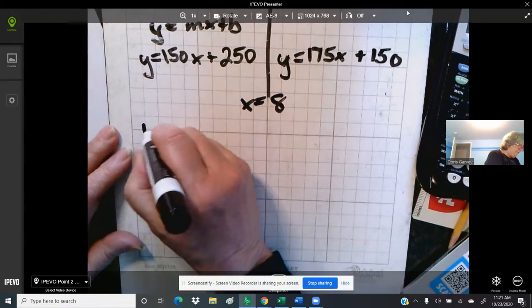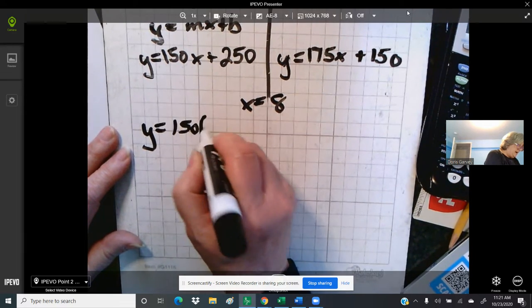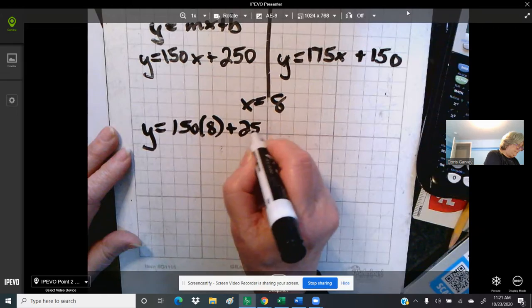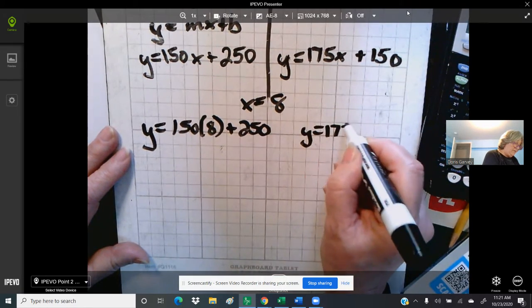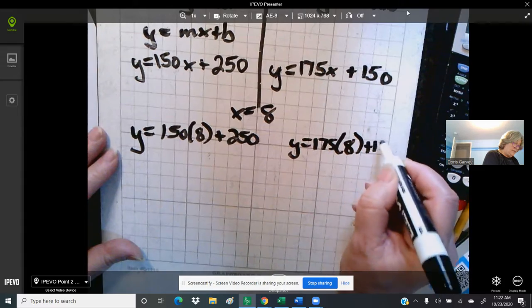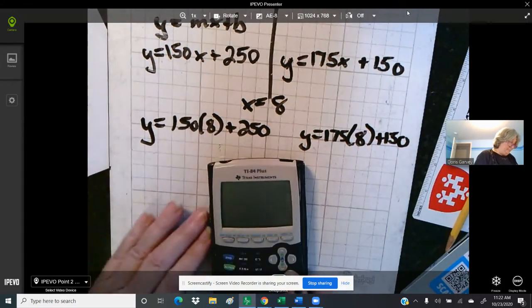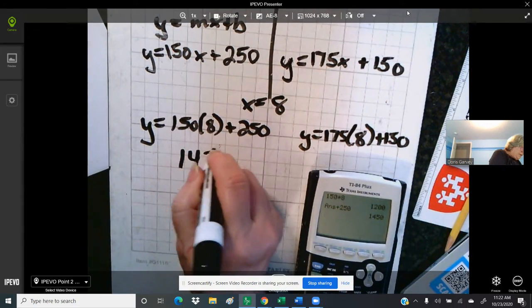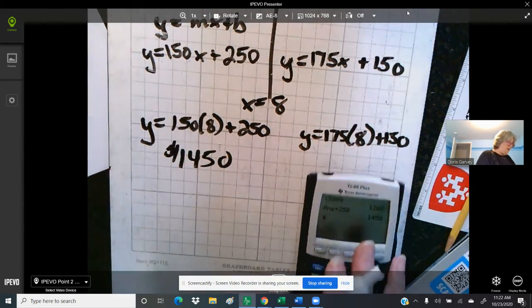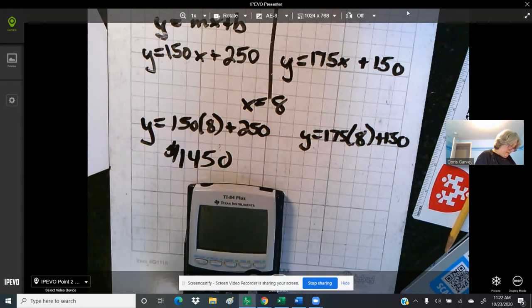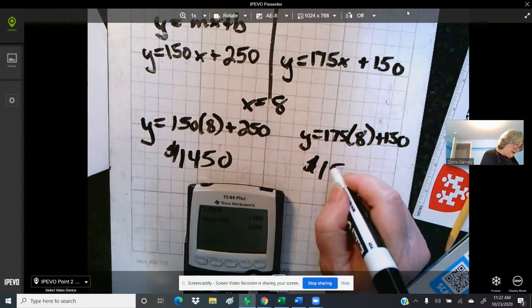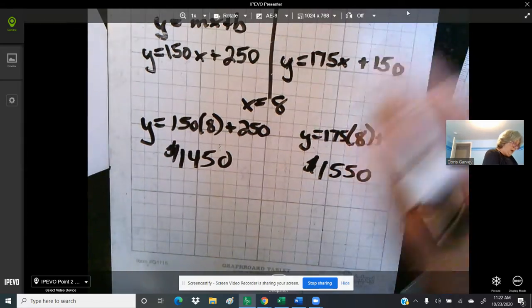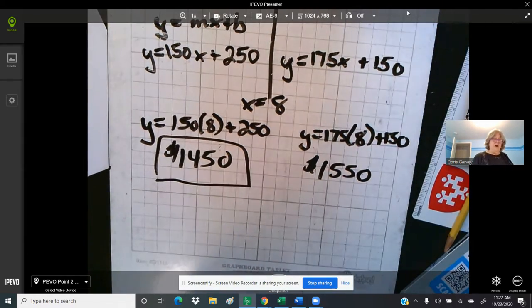So y equals 150 times 8 plus 250, or y equals 175 times 8 plus 150. Let's grab a calculator. 150 times 8 plus 250 gives me $1,450. That's how much attorney Jacob would be. And 175 times 8 plus 150 is $1,550. So I would hire Jacob because it would save me about $100.